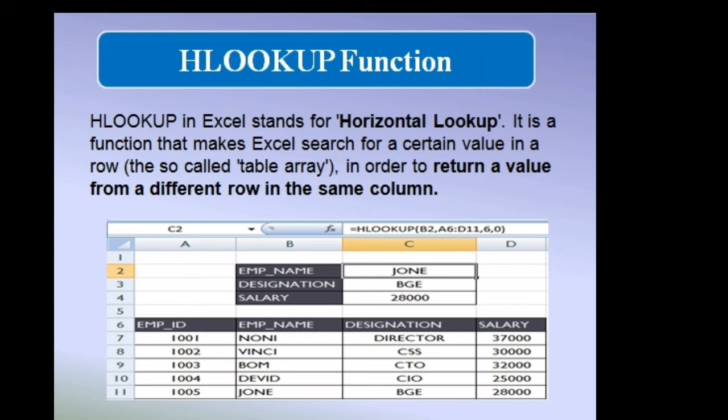Here, if you want to know the employee name through the HLOOKUP function, type equals HLOOKUP in bracket, mention B2, this is your employee name column address, and then select the range like A6 to D11, and then mention the row number 6 because here we want to search for John, and at last mention 0. It will search. If it is true, then it will show the employee name.